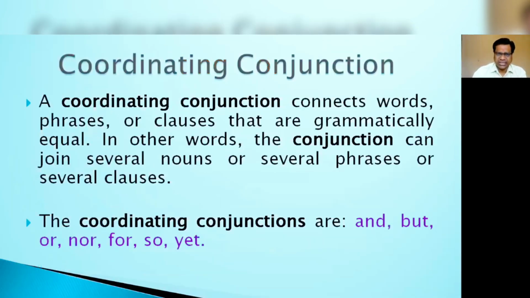If you remember these, I think you will never forget about the coordinating conjunctions and the compound sentences. So please remember and, but, or, nor, for, so, yet. So these are the 7 coordinating conjunctions.